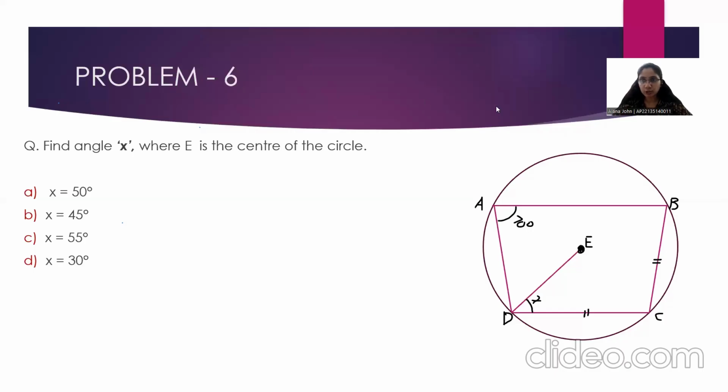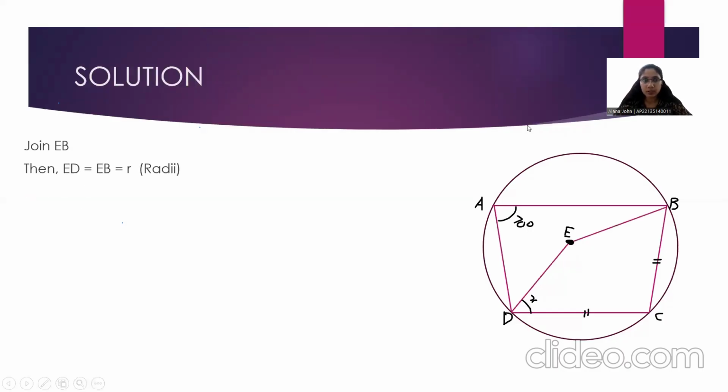Let's move on to the solution of the problem. So here, in the diagram, first what we are doing is that we are joining E to the point B. We are joining this EB. And also it was given that E is the center of the circle, right? Then this ED and EB are nothing but the radii of the circle.